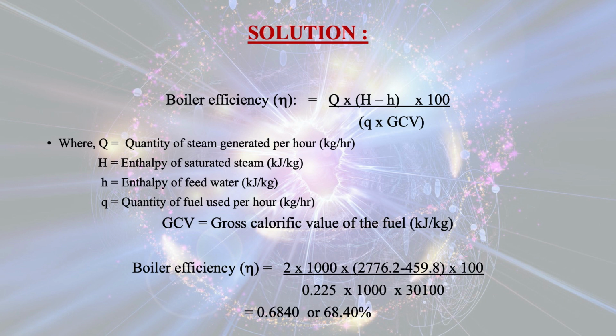You see, for this problem we have multiplied 2 into 1000 because the steam produced is 2 ton per hour. 1 ton is equal to 1000 kg, and for this case efficiency comes out to be 68.40%.